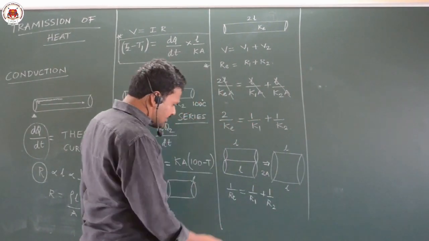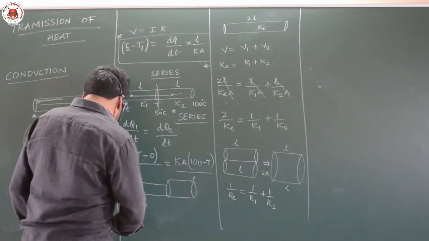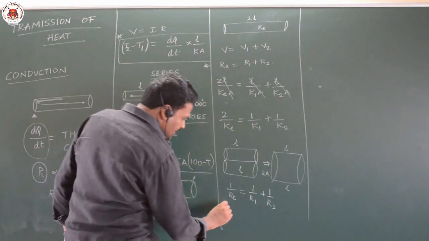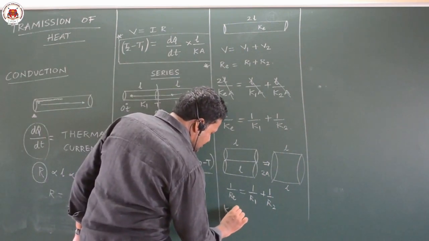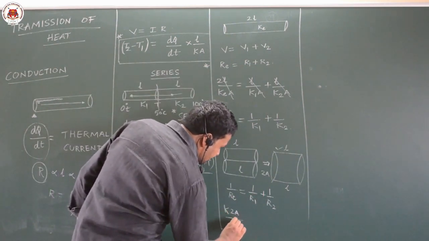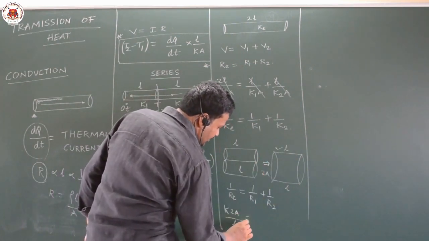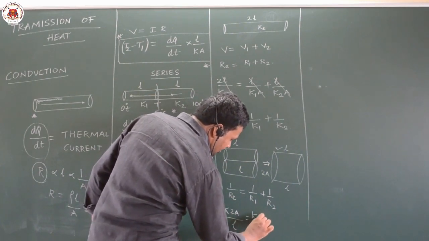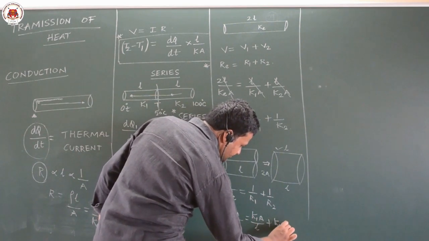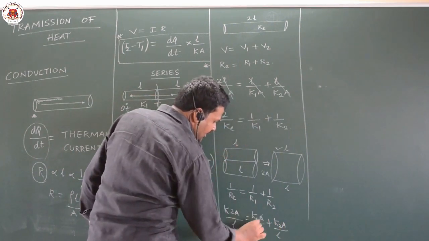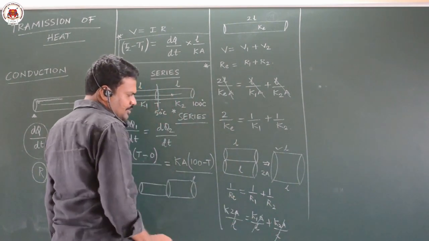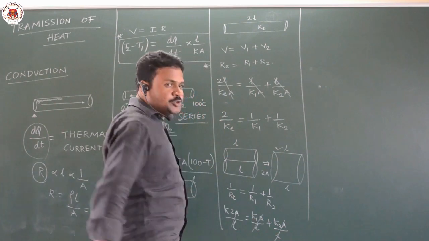Now if you apply like that, R value is L by K, 1 by R value is KA by L. So here K into area of cross section of the total rod, 2A by L, length is the same, is equal to K1 A by L plus K2 A by L. A by L will get cancelled. K is equal to K1 plus K2 by 2.